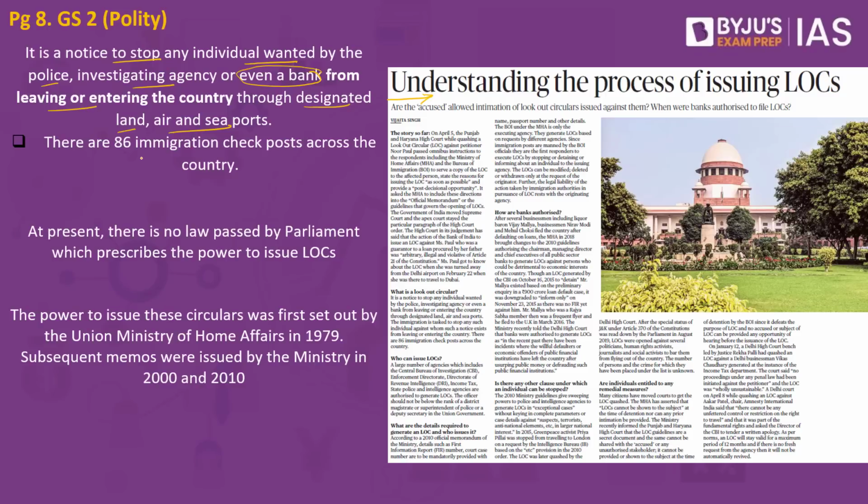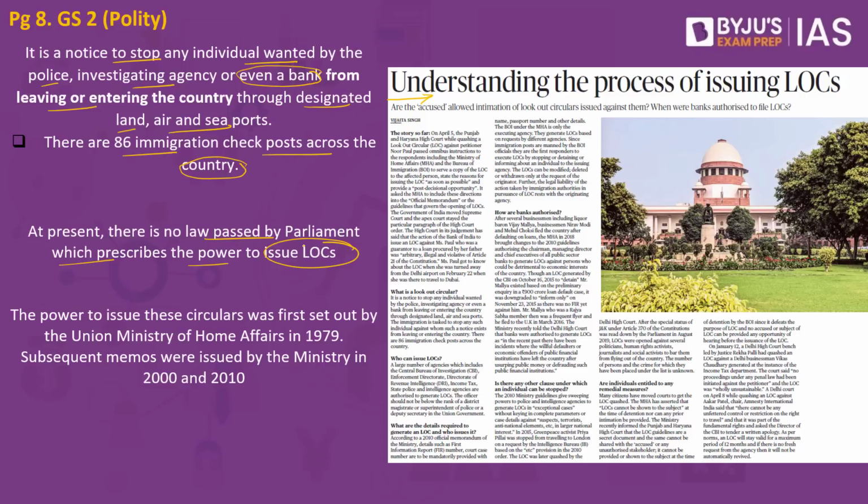There are about 86 immigration checkposts across the country where an LOC can be issued. Is there a law when it comes to lookout circulars? At present, there is no law passed by Parliament which prescribes the power to issue LOCs. So this is a power which is executive in nature.